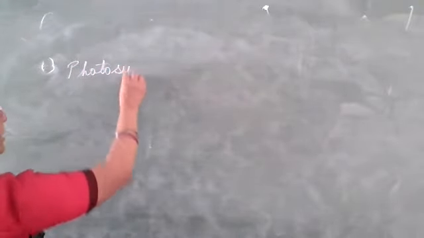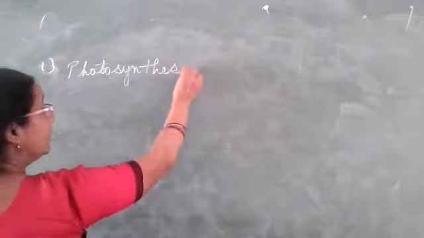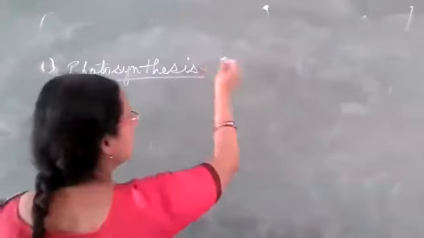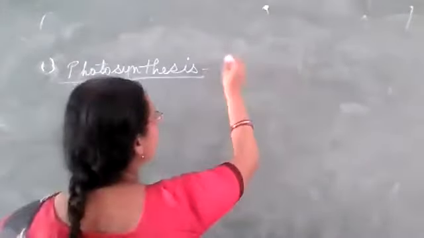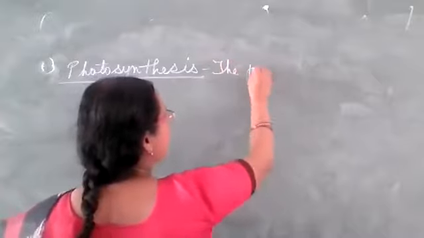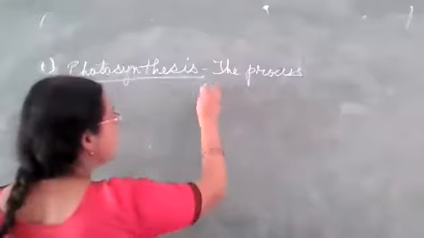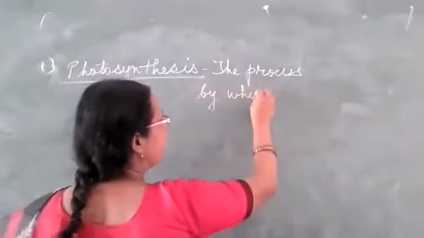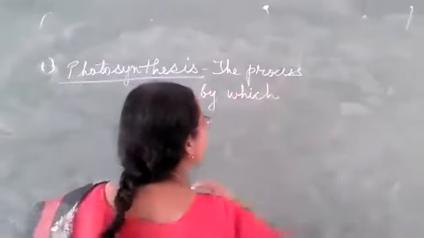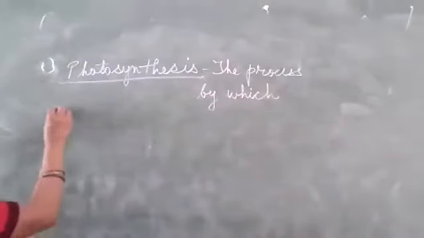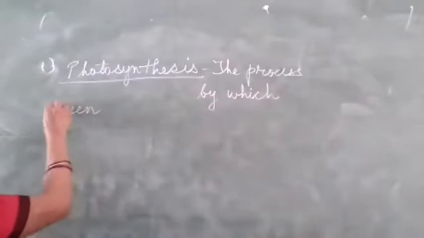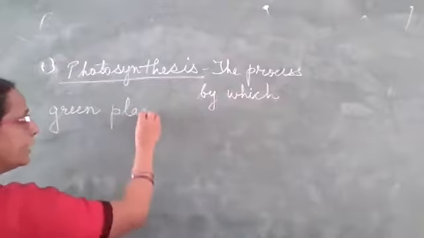You can write with me, photosynthesis. You have read in junior classes also, in standard 6, 7. Photosynthesis, देखो, the process by which green plants, exclusively green plants का ये property है.